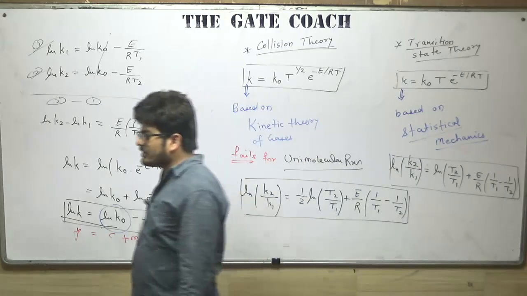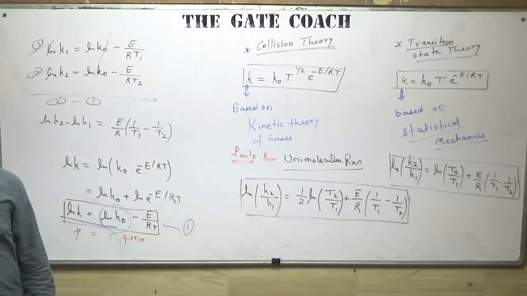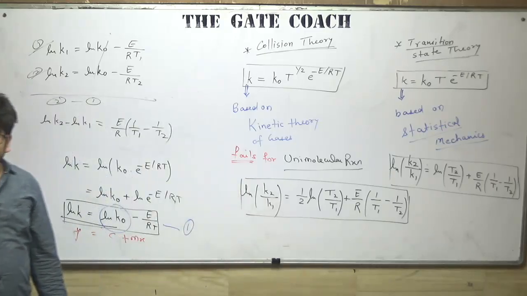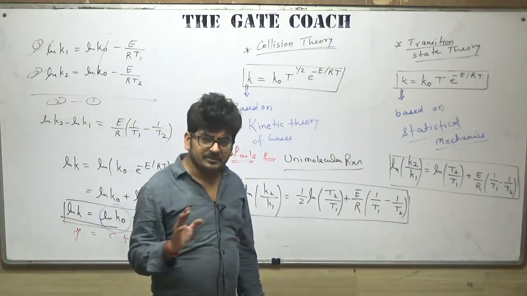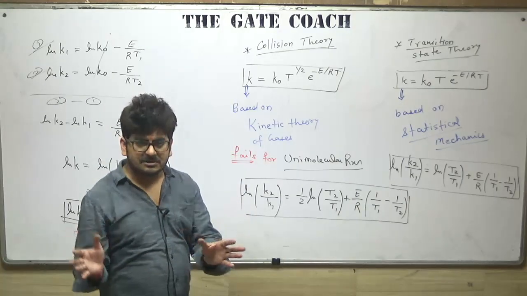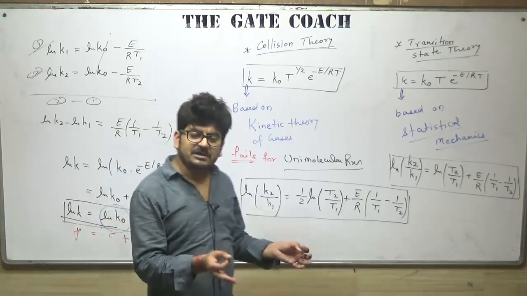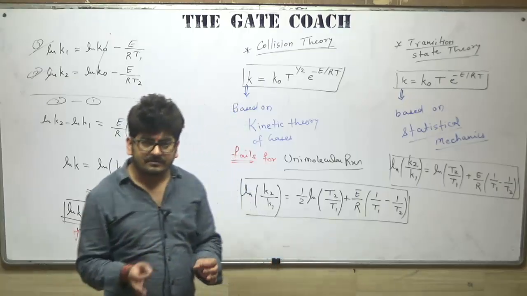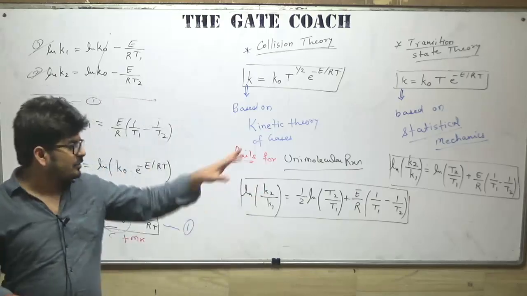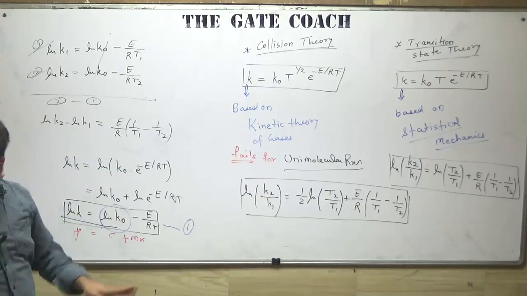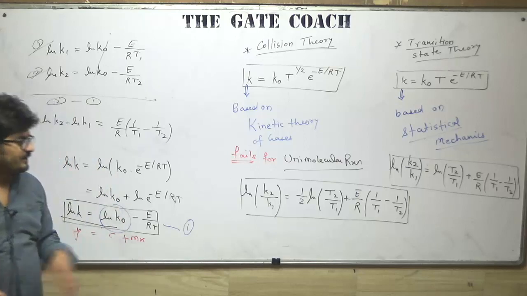Similarly here, by default in exam or in any numerical, you have to use the Arrhenius theory if nothing is mentioned. Only if the problem mentions use collision theory or use transition state theory, then we will talk about these two. Otherwise everywhere we will use Arrhenius theory only.